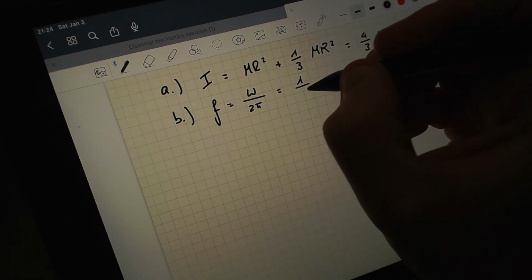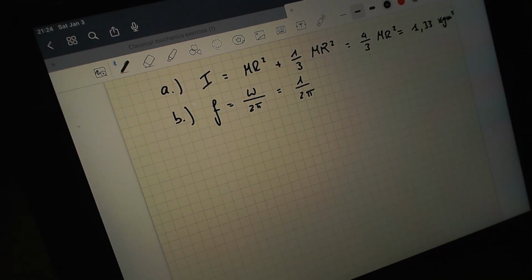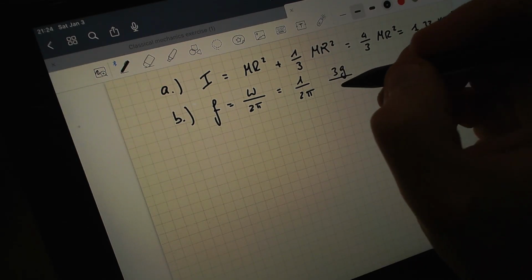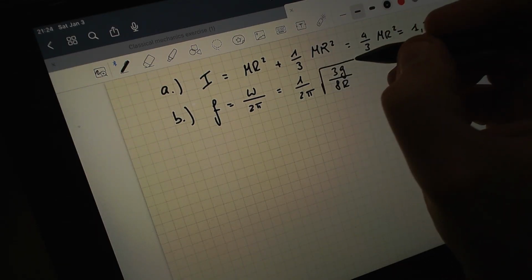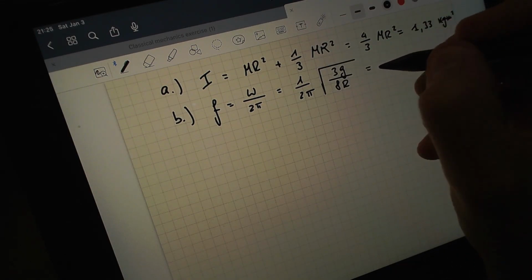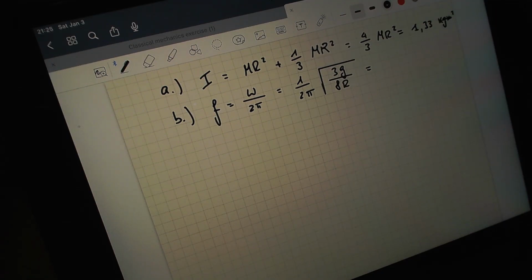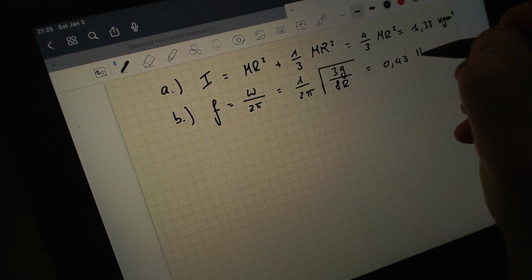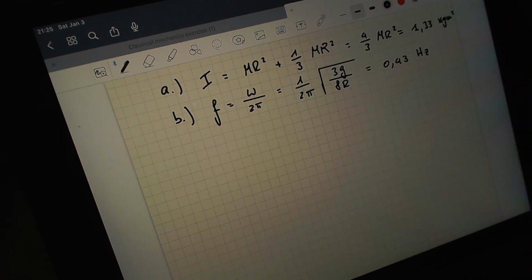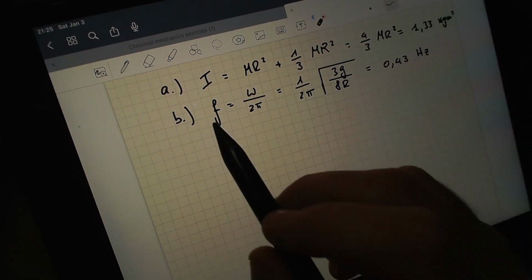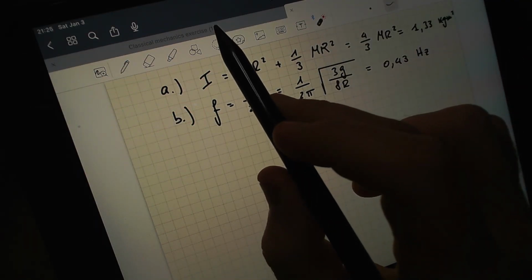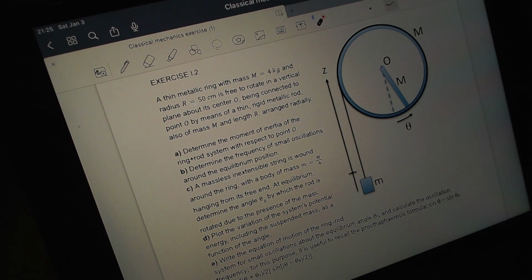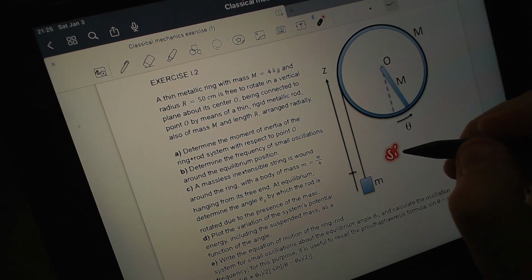So here the result is 1 over 2 pi and omega is the square root of 3g over 8r. If you put in the values for g and r, you should obtain 0.43 Hz. In the second point we basically resorted to the fact that the oscillations are small, so you can use the fact that the sine of theta is basically theta.